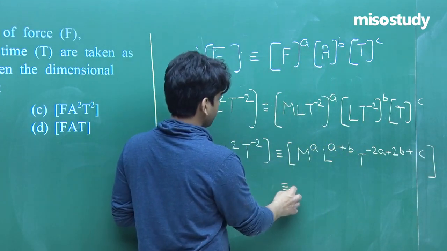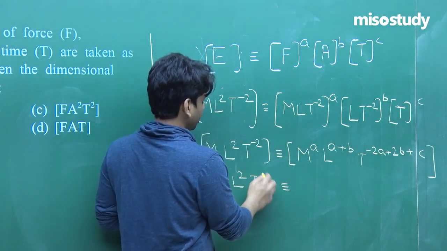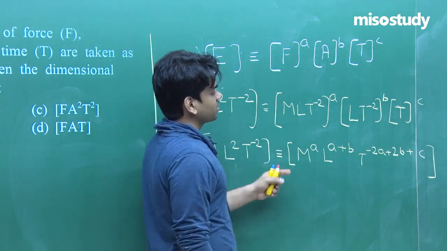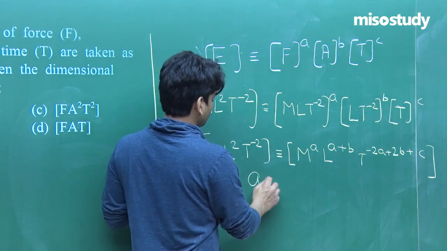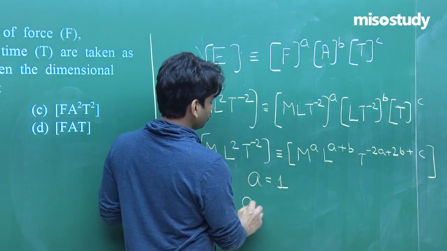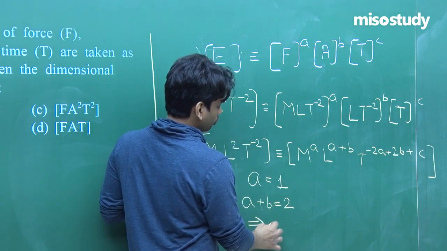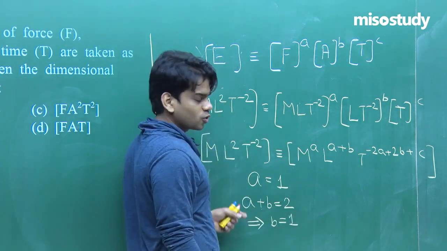Let's go ahead. M L to the power 2 t. Now let's compare directly. If we compare the powers, a will be equal to 1. That's quite obvious. A plus b will be equal to 2, which implies that b will come out to be 2 minus a, that will be equal to 1. B also is equal to 1.